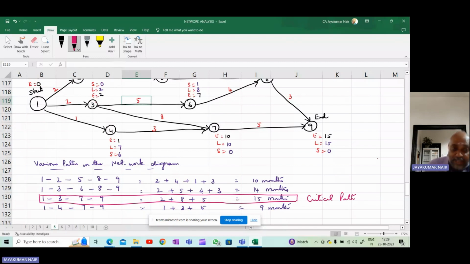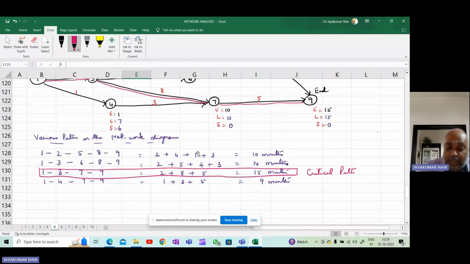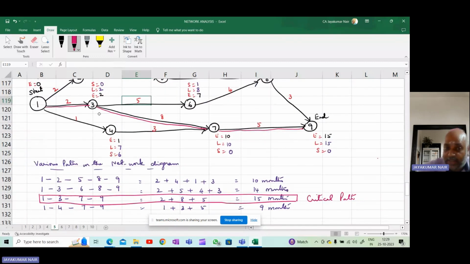The critical path activities on the network diagram, we will identify by drawing a double line. So 1 to 3, 3 to 7, and 7 to 9. This will indicate that these are the critical activities. For a critical activity, you have to start at that particular start time.